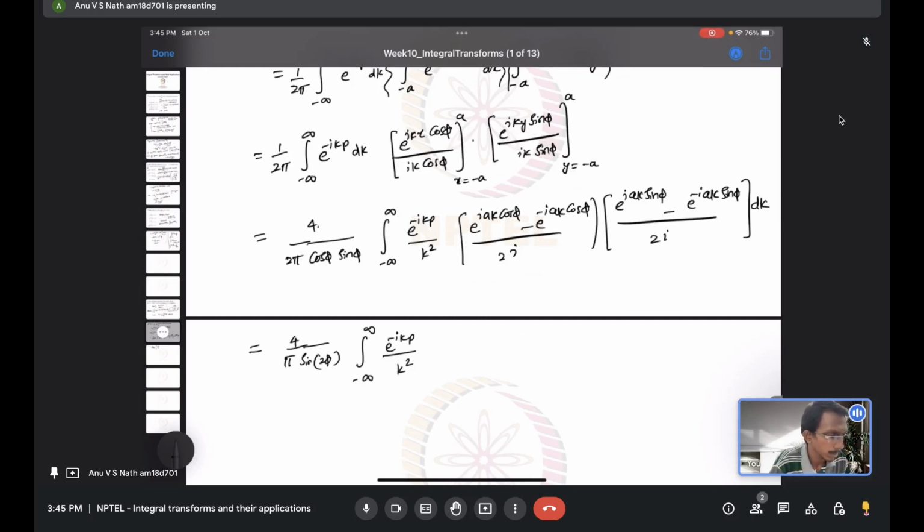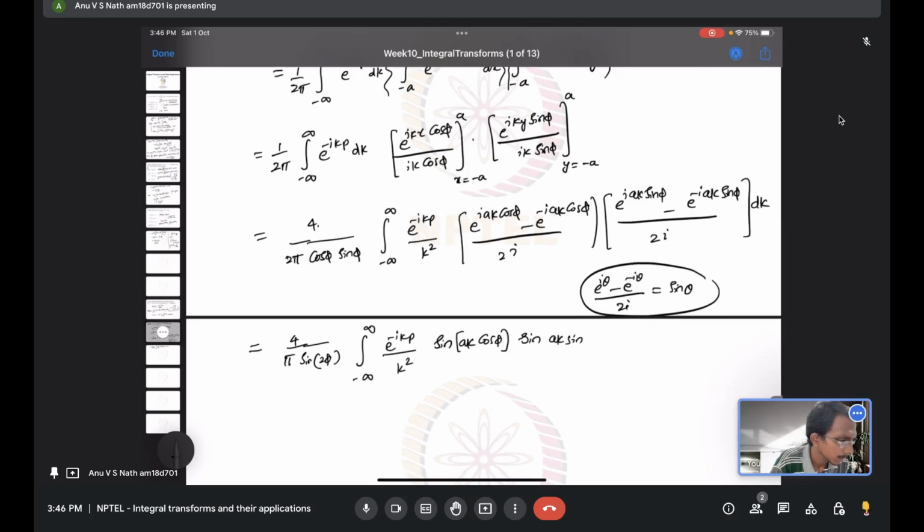It's a difference of exponentials: e raised to i theta minus e raised to minus i theta, divided by 2i, which is sin theta. So we are using that expression here: sin of ak cos phi, then again sin of ak sin phi, then dk.